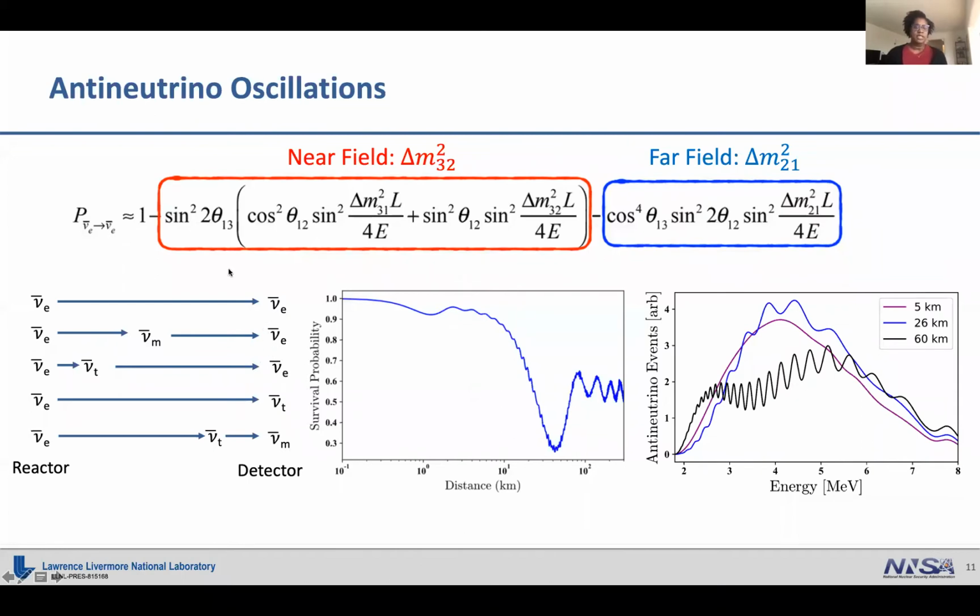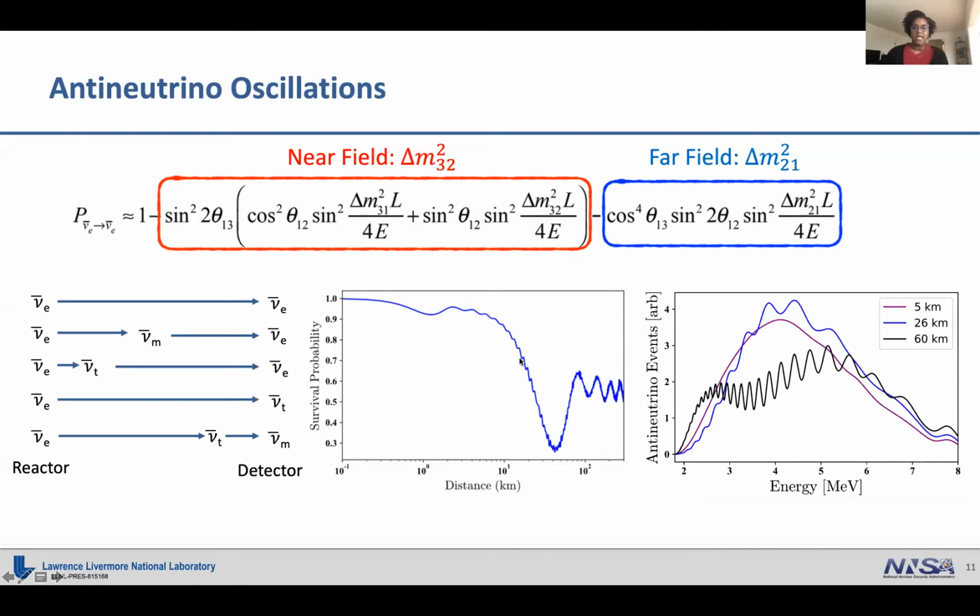And so there's a series of matrices called the PMNS matrix that dictate how these oscillation parameters work. But if we write out the full formula, we see that there's a near field component and a far field component. What I show in the center is the survival probability of an antineutrino as a function of distance. If you look at this figure, you'll see these very fast wiggles, as well as these really long oscillating features.